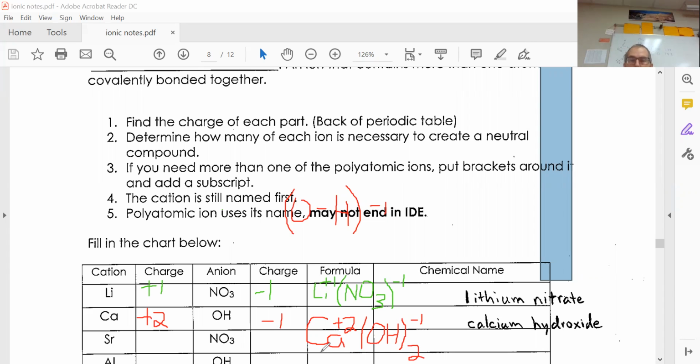Now notice in total, I have one calcium, I have two groups of OH, so I actually have two O's and two H's, but we don't write CaO2H2 because that would confuse the reader. We want to actually know that there are two OH minus ions. It tells us more. The name would be calcium, first name, and then the last name would be hydroxide because that was the name we picked off of the common ion chart.